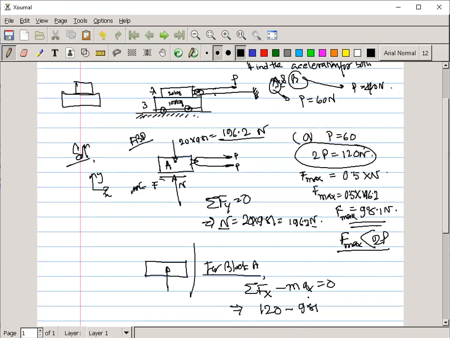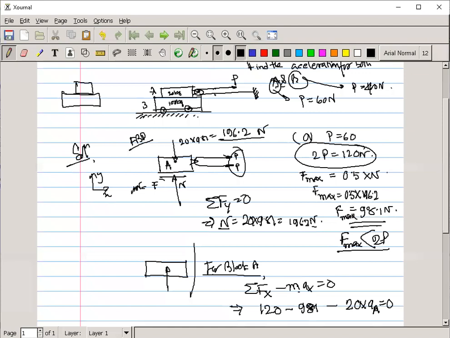Fx is equal to ma, Fx means here 2P. 2P is 120, here minus 98.1, means F max value, minus m into a. m is 20 kg, and acceleration of body A is a, which is equal to 0.